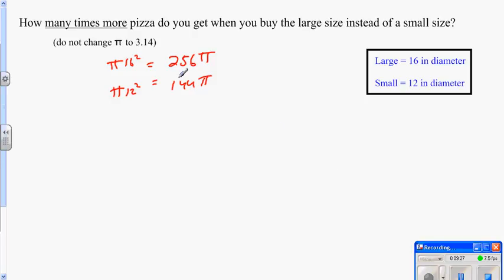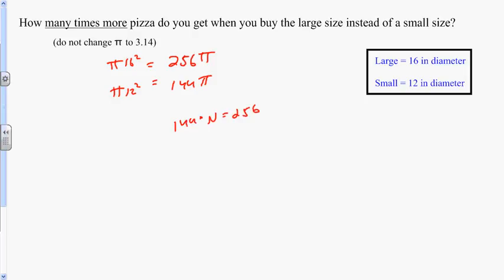And how do I get from one to the other? Well, I say 144 times what gives me 256. So if I divide both sides by 144, we get 1.8. So it's 1.8 times bigger.